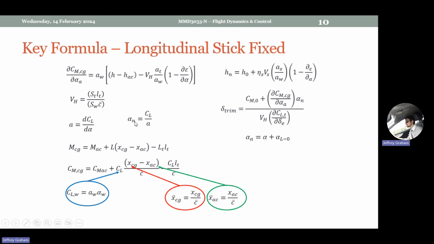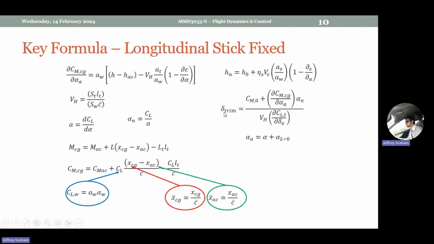The only two left to talk about really here are the trim graph, effectively the neutral point equation, times its trim graph gradient, its lift curve slope gradient rather. And this one we're going to see a little bit later on is relating to the elevator section.